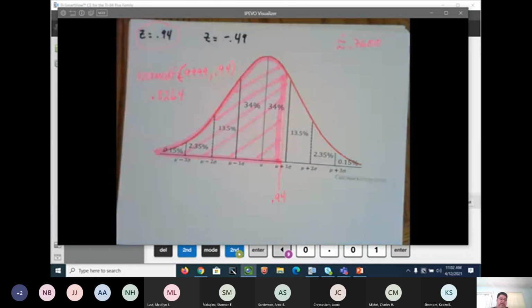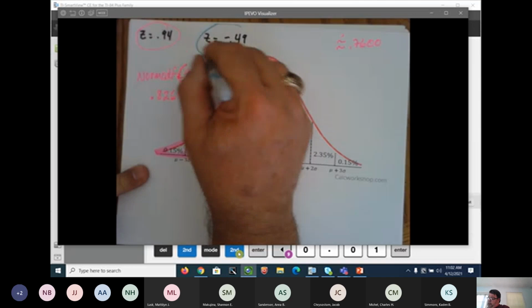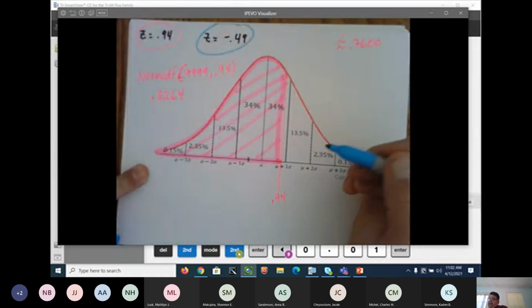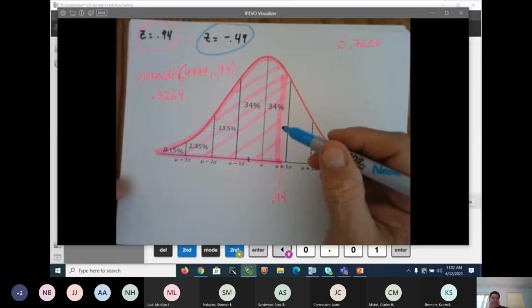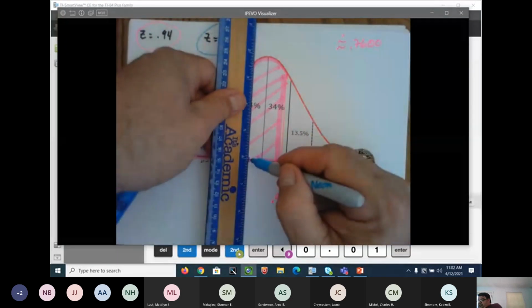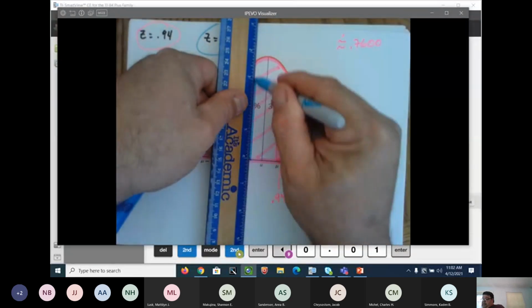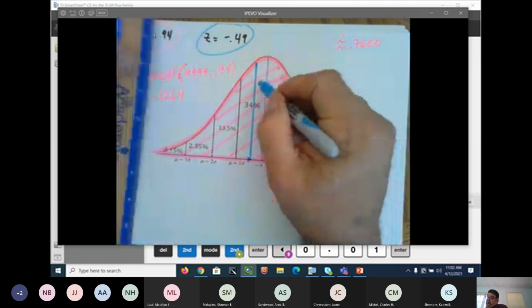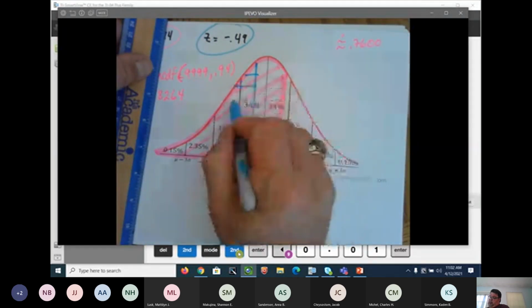And then the other one, I'll use a blue. And that's negative 0.49. There's 0.5. So 0.49 would be a little bit less than 0.5. So that's going to be this area right here.